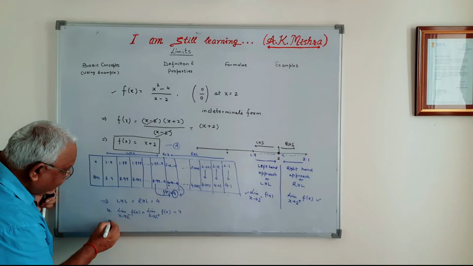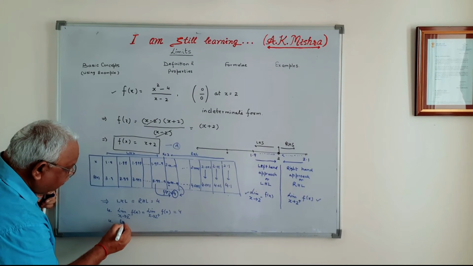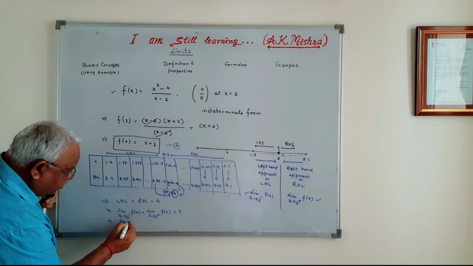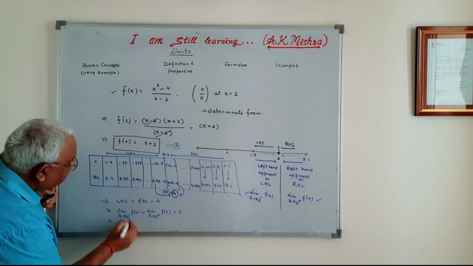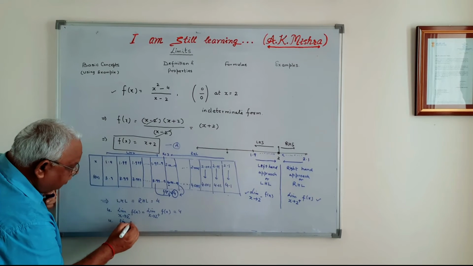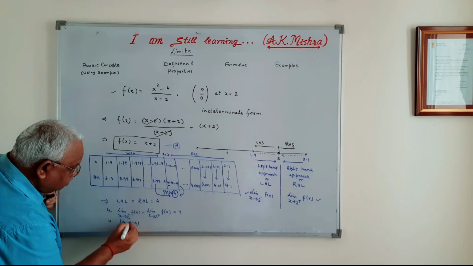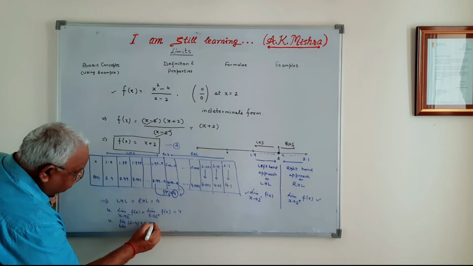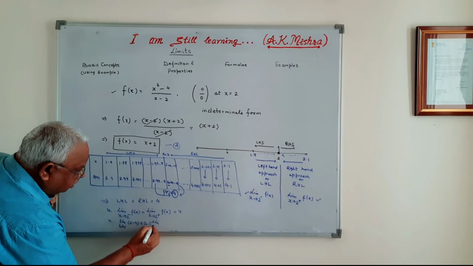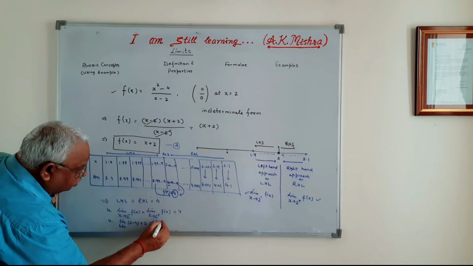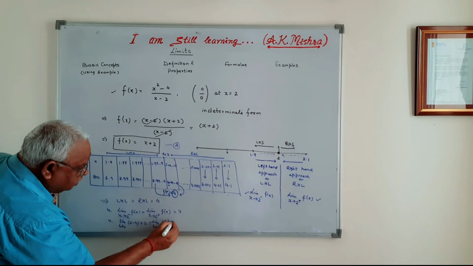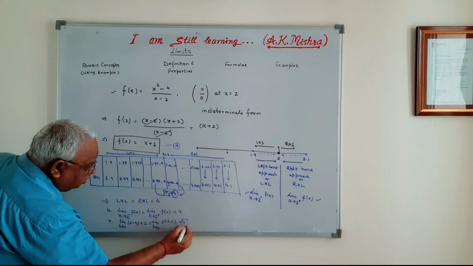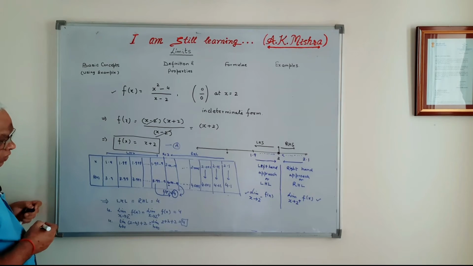If you want to make it more clear, you can write it as limit h tending to 0 of f(2 minus h), which is (2 minus h) plus 2, equal to limit h tending to 0 of (2 plus h) plus 2, and your combined answer is 4.